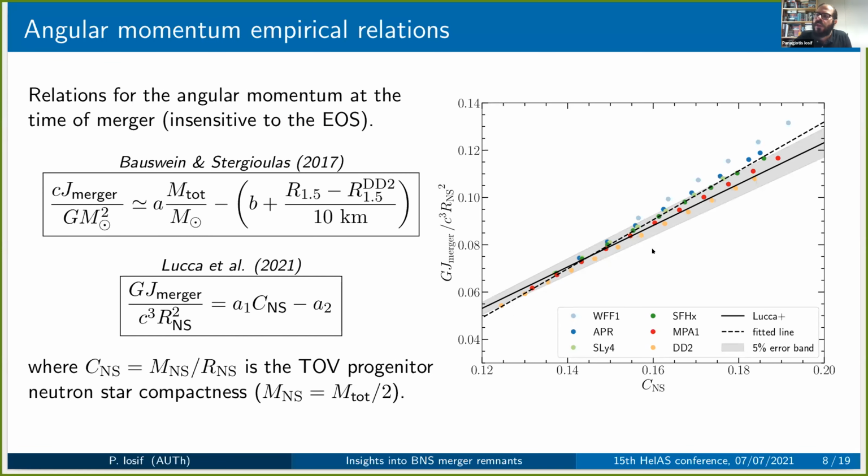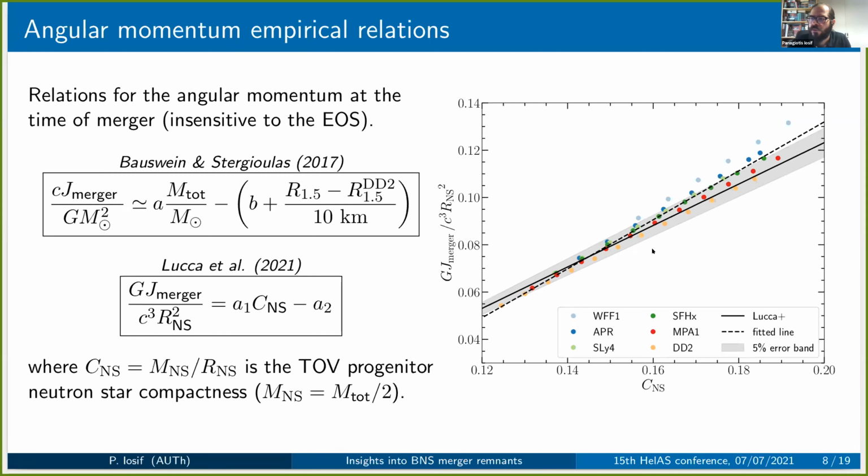So it's not enough, however, to consider a realistic differential rotation law. When considering remnants, one also has to take into account the angular momentum of these objects. There are, in the literature, empirical relations that were derived from numerical simulations that connect the angular momentum at the time of merger with properties of the progenitor neutron stars or the total mass of the system and so on.